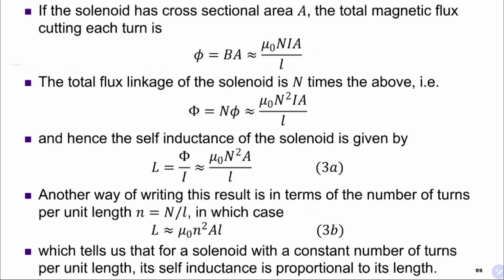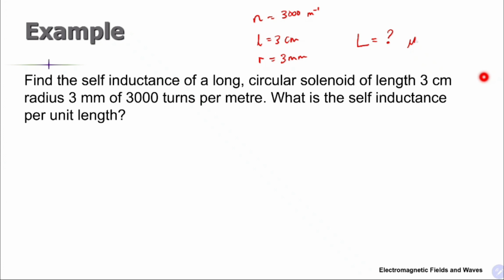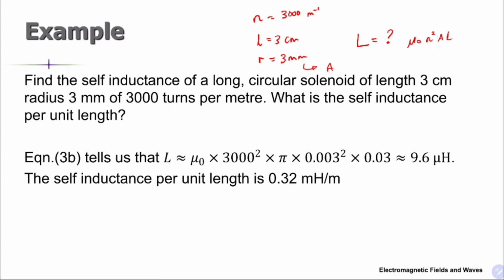Okay, so back to our equation here. L equals mu naught n squared A times L. So here you can find out what A is. Length is given. Okay, so the self-inductance is 9.6 microhenry.